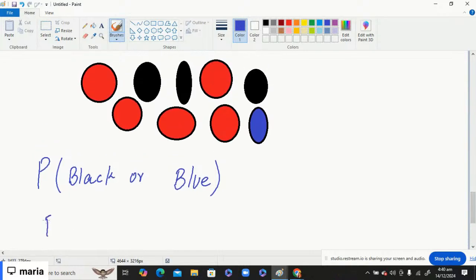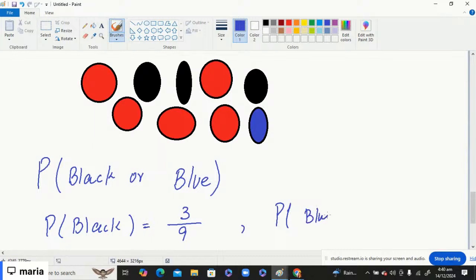So, probability of black. How many total in it? 1, 2, 3, 4, 5, 6, 7, 8, 9. And how many black in it? 3. So 3 by 9. Now what is the probability of blue? How many total? 9. How many blue in it? Only 1.